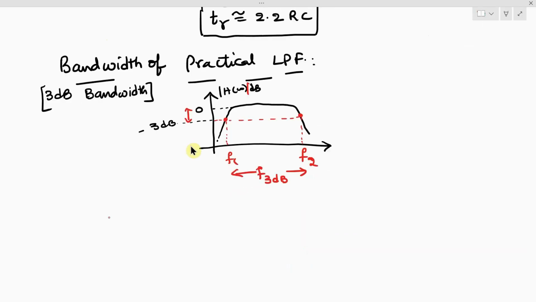Now, since this is a dB graph, I also want to show a normal graph. Maximum value will be 1 and 1 by root 2, or 0.707 times the maximum.